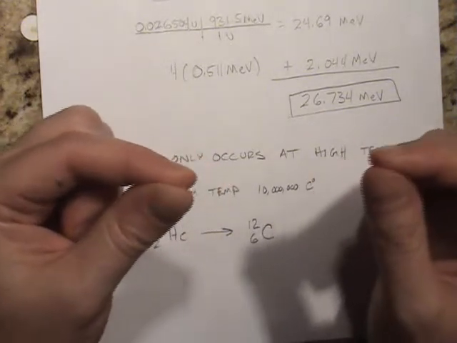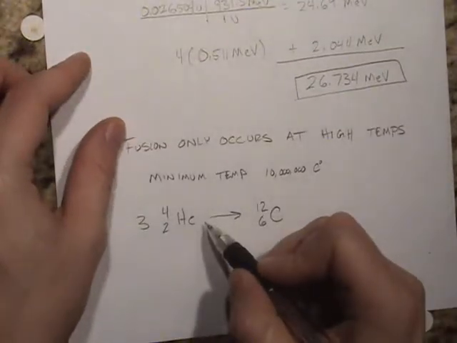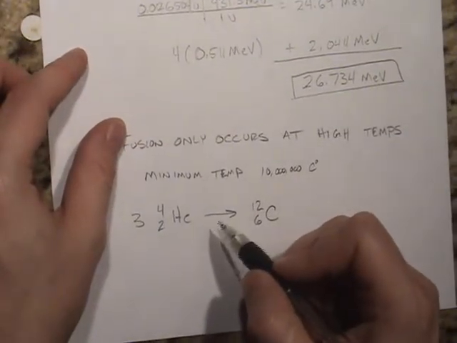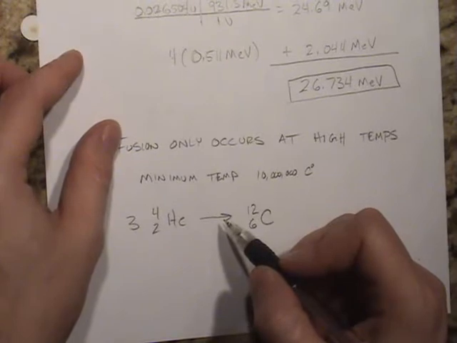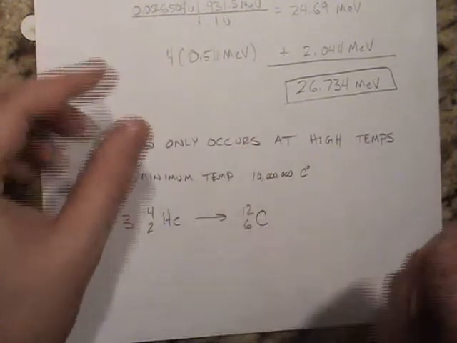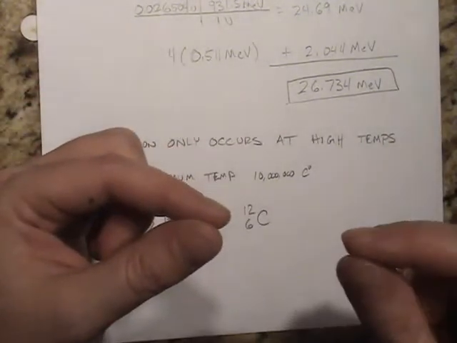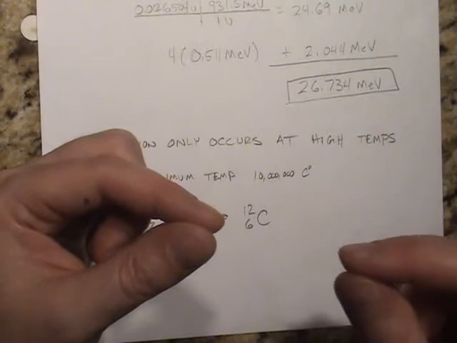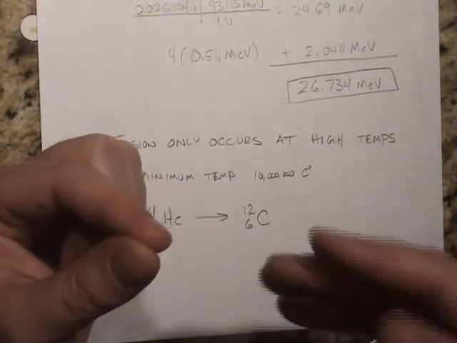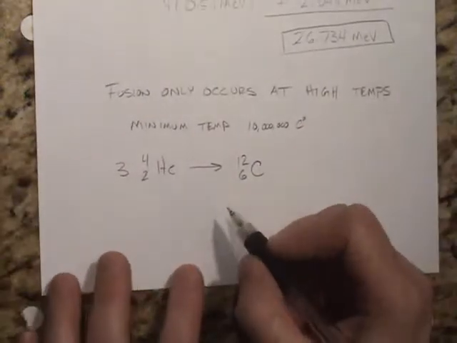They repel each other even more strongly. So it turns out that this process doesn't occur until a temperature of almost 20 million degrees Celsius. It requires a much higher temperature, and of course with each successive step you're fusing helium nuclei to bigger and bigger nuclei with a stronger repulsive power, and so as you can imagine the temperatures get higher and higher until finally you reach the end product.